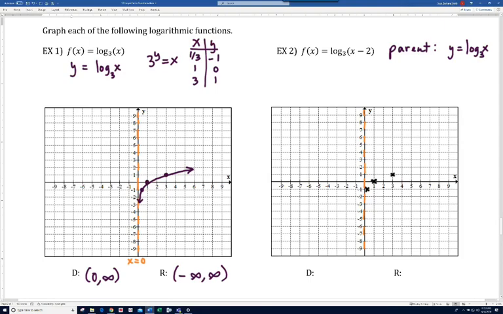All right, so the x minus 2, the minus 2 is with the x in parentheses here. It's going to cause a horizontal shift right 2. And so we're going to move each of our points right 2. Now notice this asymptote, if we move our graph right 2, the asymptote's going to need to move right 2.